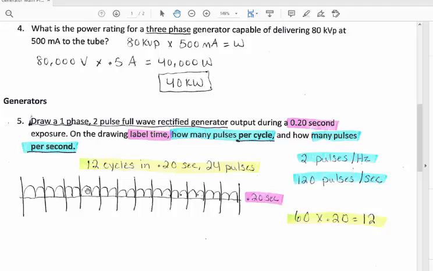So 1, 2, 3, 4, 5, 6, 7, 8, 9, 10, 11, 12. And I separate each cycle by a line so I knew I drew the right amount. And that's basically how you're going to demonstrate what a 1-phase 2-pulse full wave rectified generator looks like.